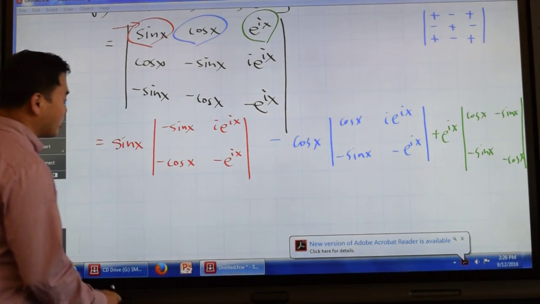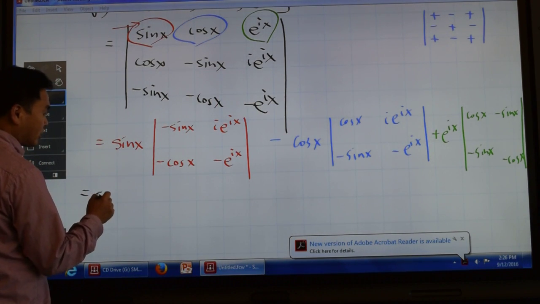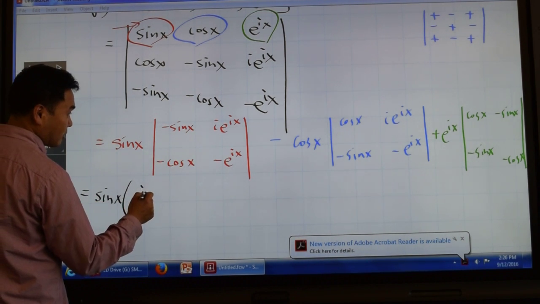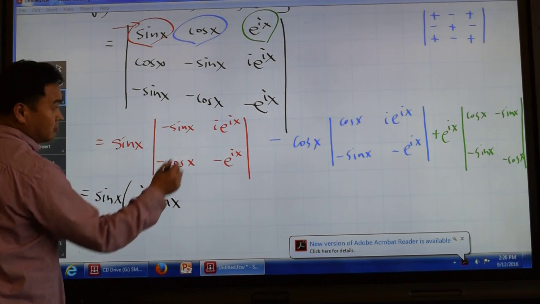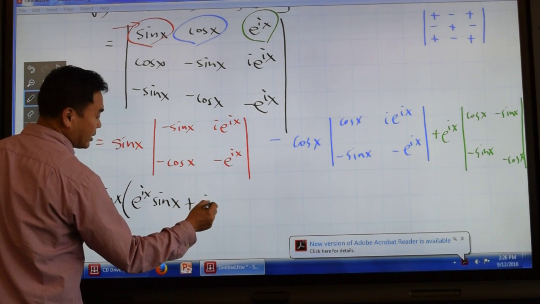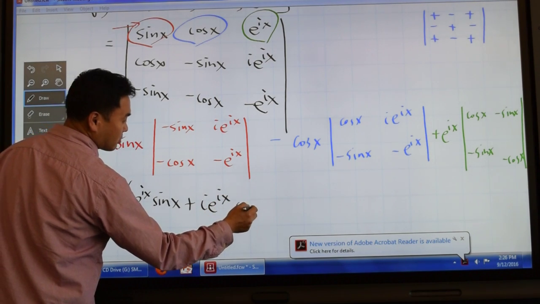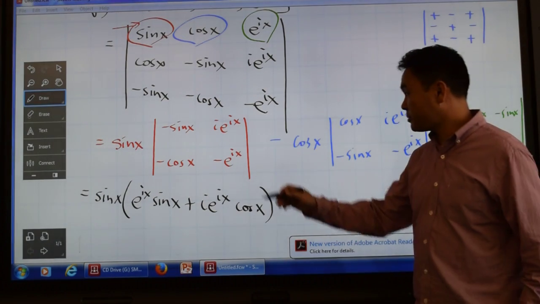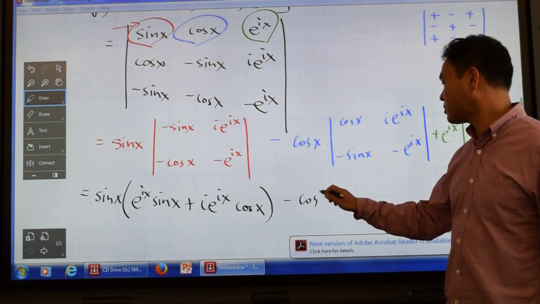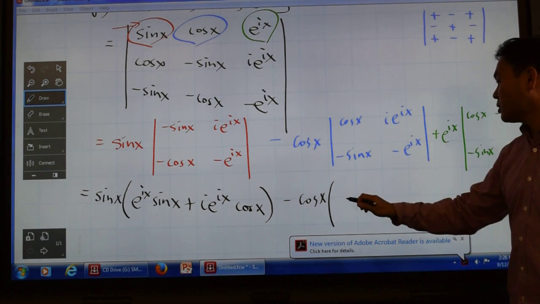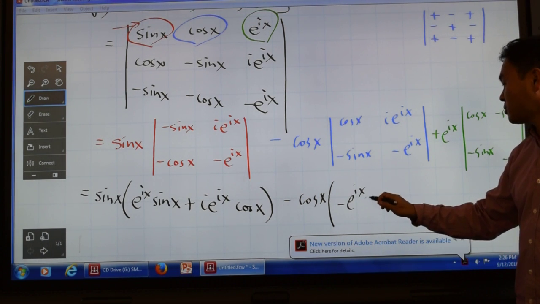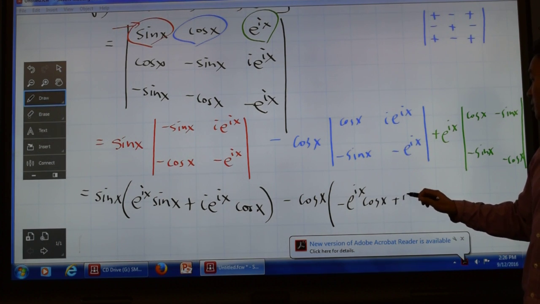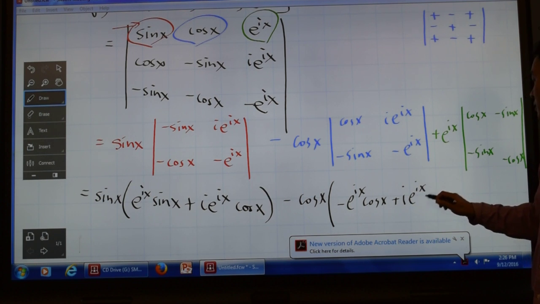Alright, so let's compute one by one. This one is sine x times positive e to the ix sine x plus i e to the ix cosine x. And minus cosine x, negative e to the ix cosine x, plus i e to the ix sine x.